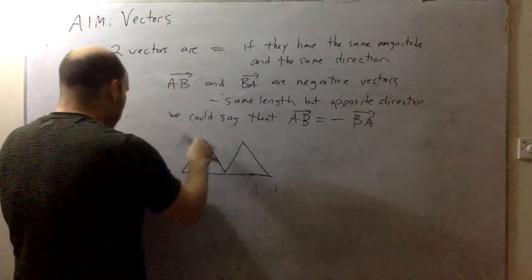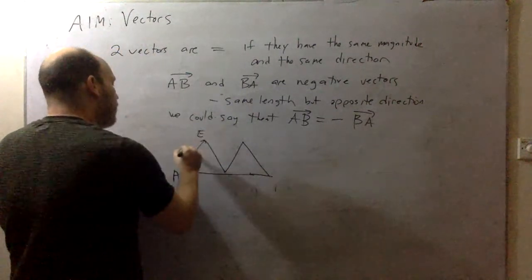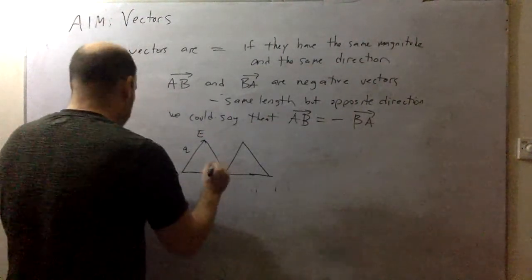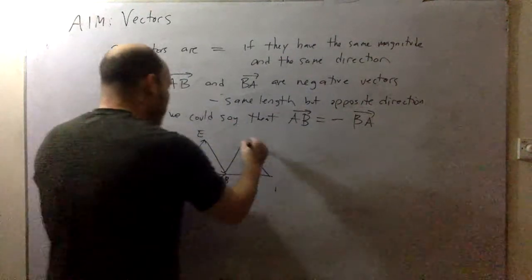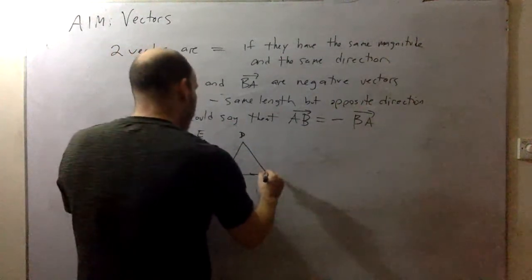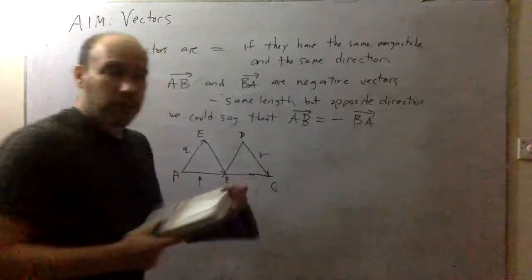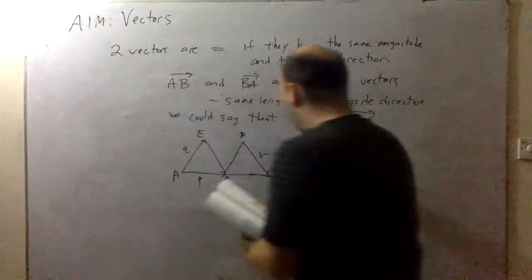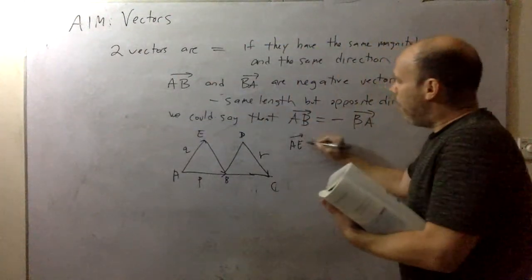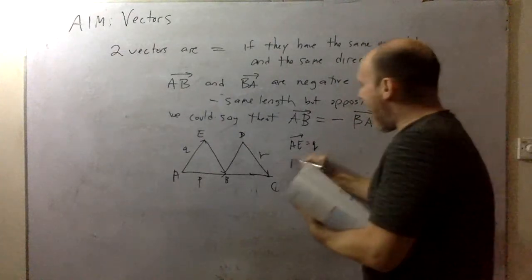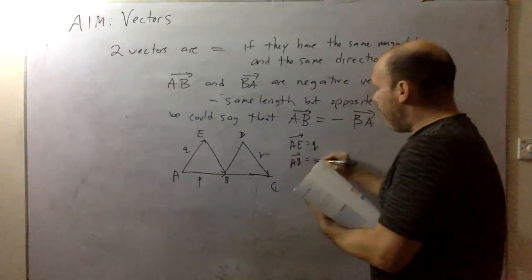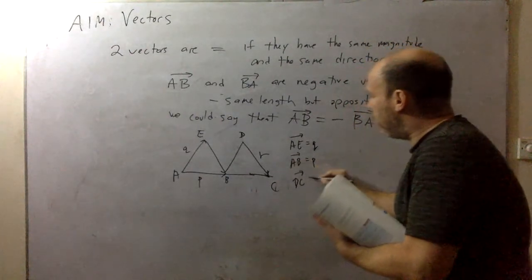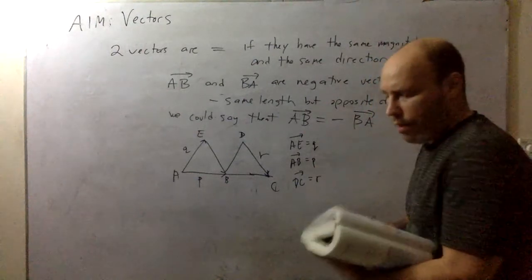We see that AE is vector Q, vector AB is P, and vector DC is R.